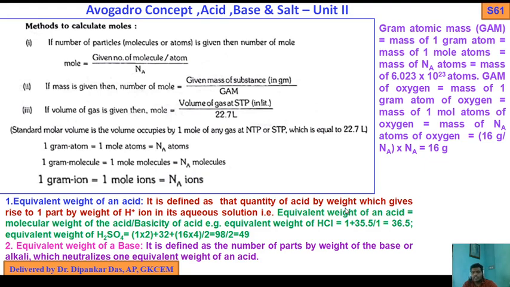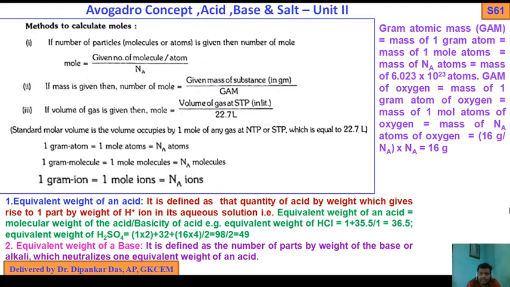That is, equivalent weight of an acid equals molecular weight of the acid divided by basicity of the acid, that is, how many hydrogen ions are replaceable. Okay. So equivalent weight of acid is molecular weight of acid divided by basicity of that acid.